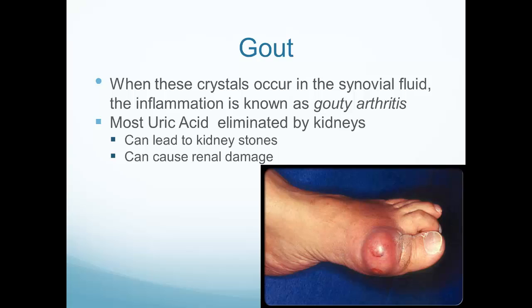Uric acid is also eliminated by the kidneys. So uric acid goes down and gets eliminated by the kidneys, and it can form crystals into stones in the kidney itself, which can cause the patient to develop kidney stones formed out of uric acid and cause renal damage.